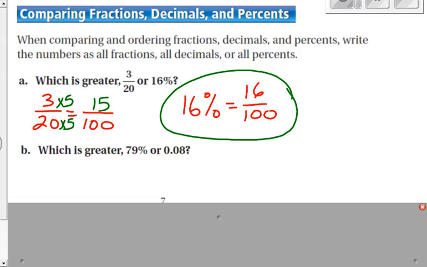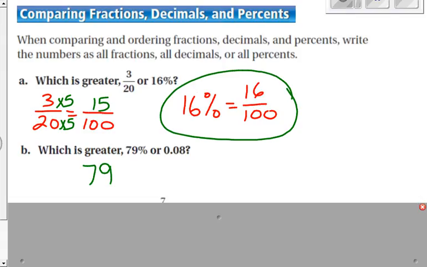Letter B says which is greater, 79% or 0.08. Since our 0.08 is a decimal, we want to change 79% to a decimal. If you recall from chapter 6.1, we change it to a decimal by moving the decimal twice to the left.